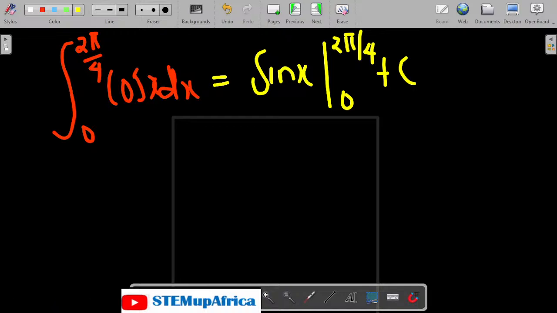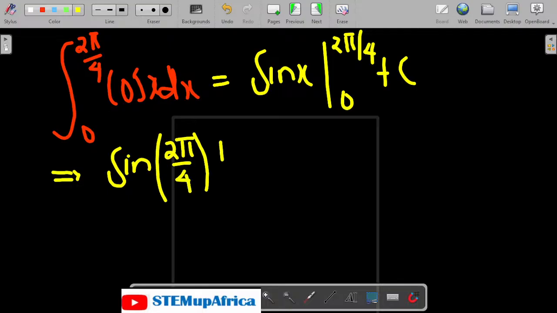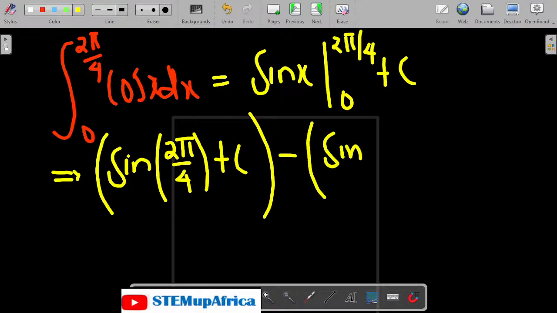So we have sine 2 pi over 4 plus c minus, when x is 0, sine 0 plus c.